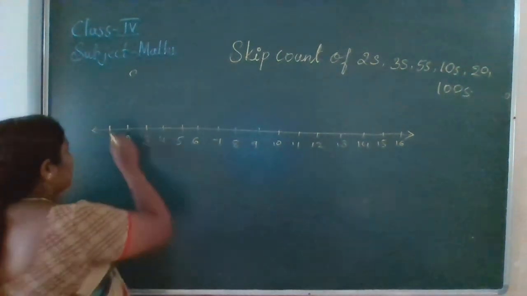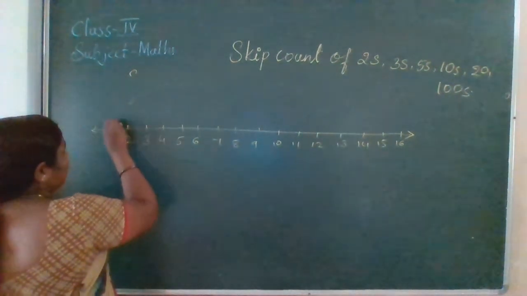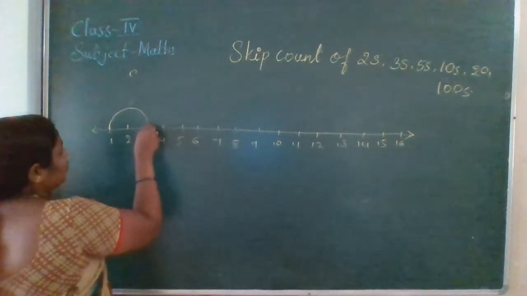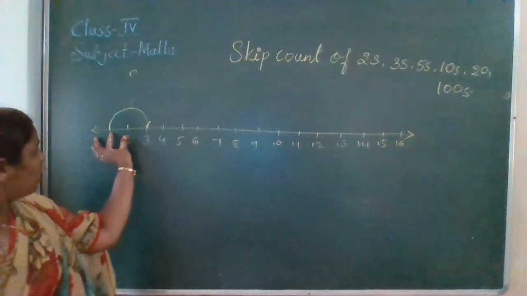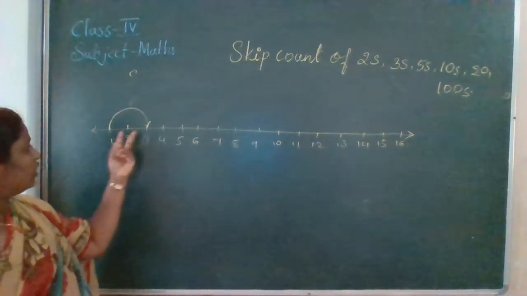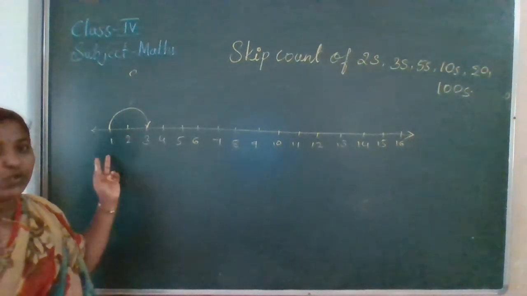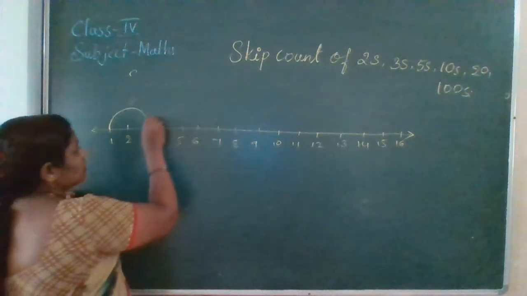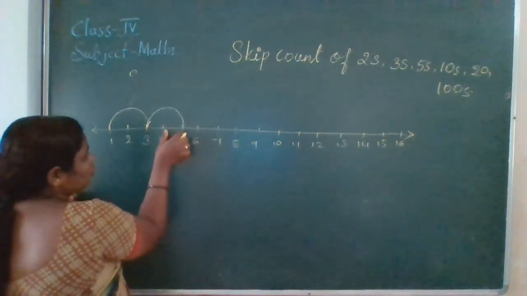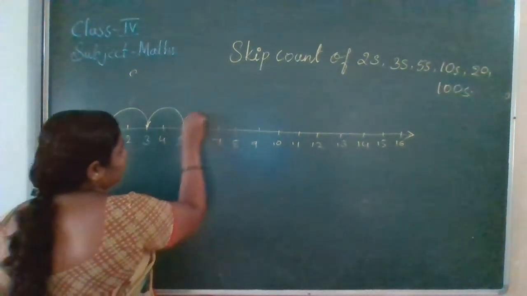See, first I read 1, then directly I came to 3. How much did I skip? One part, two parts. See, 1, 2. Yes, 2 steps I skipped, jumped. Again 2 steps, 1, 2.